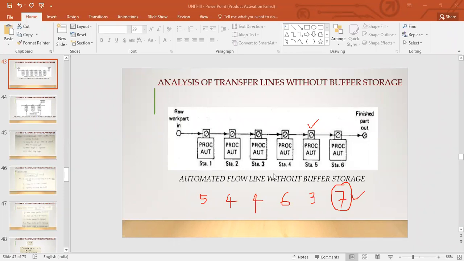Yes, 374 Nagaraju. 374 Nagaraju. 374 was also removed. Okay.